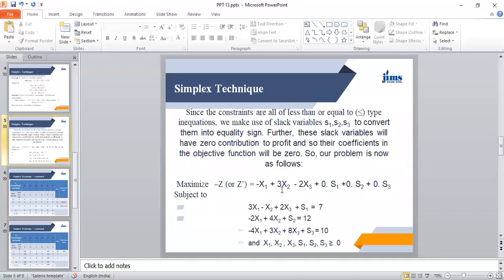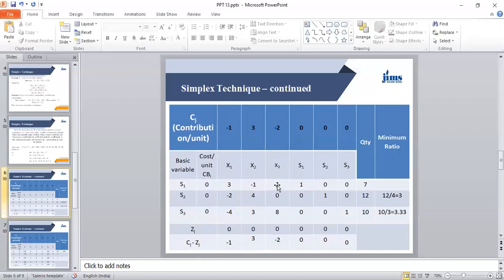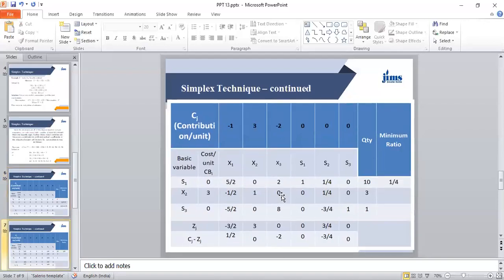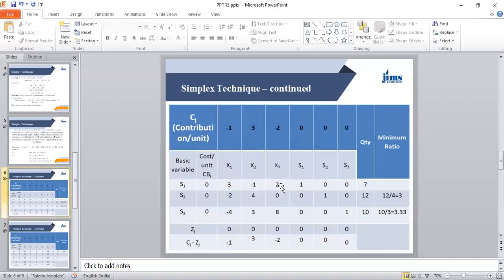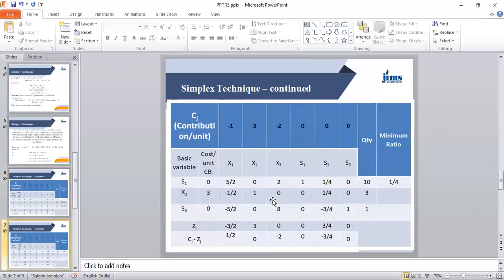Similarly, here 2 minus 0 into 3, 0 by 4. So 2 minus 0 is equal to 2, the same 2. Similarly, we change all the numbers. Then the numbers come: 5 by 2, 0, 2, 1, 1 by 4, 0, and 5 minus 5 by 2, 0, 8, 0, minus 3, 4, 1.